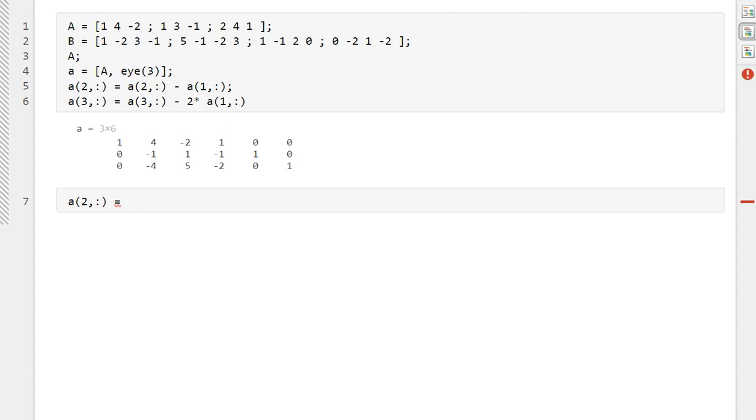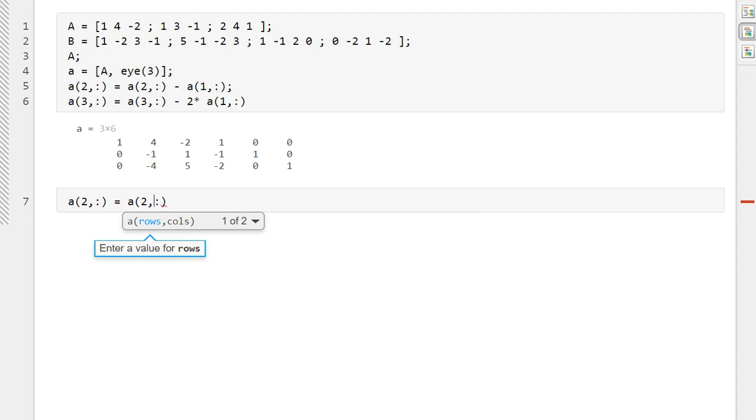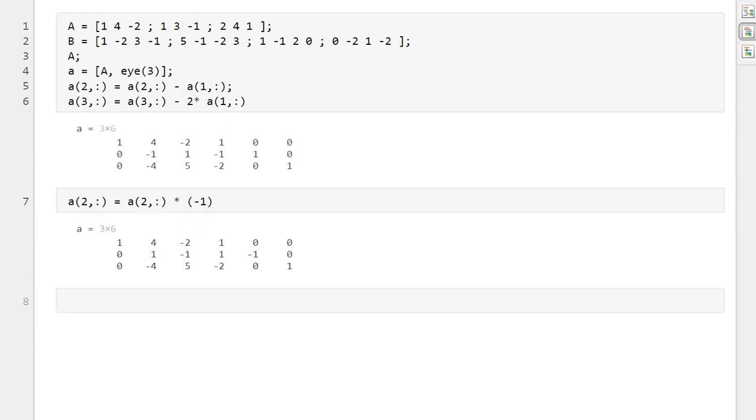So row 2 is going to be row 2 times -1. And now we have our second pivot. We need to get our third pivot in place.